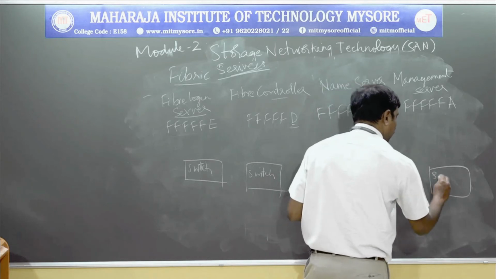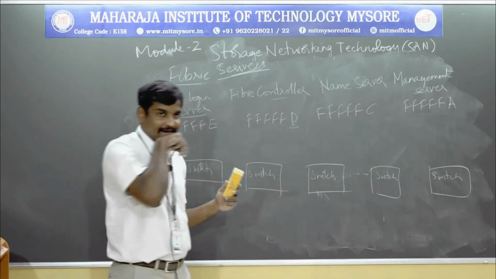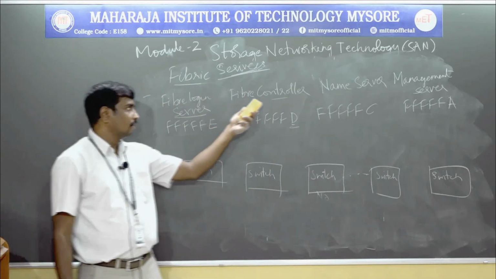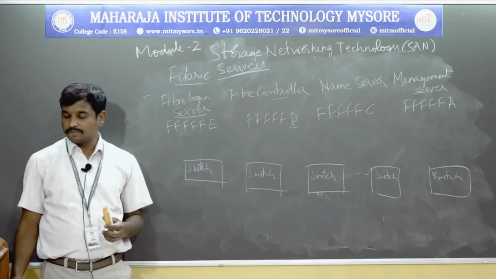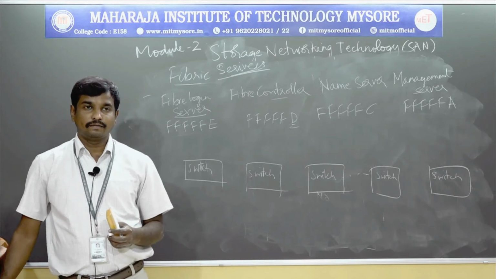These switches are connected with the network, along with the different services like fiber channel login, fiber controller, name servers, and server management, like that. This is how the fiber things will actually be done.